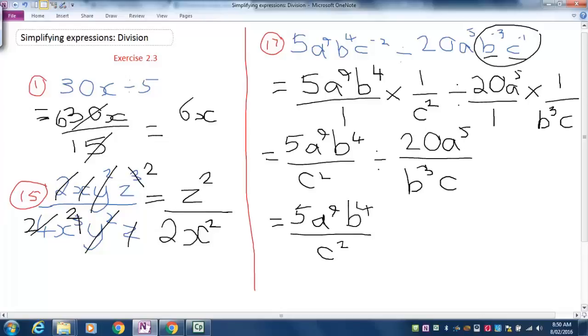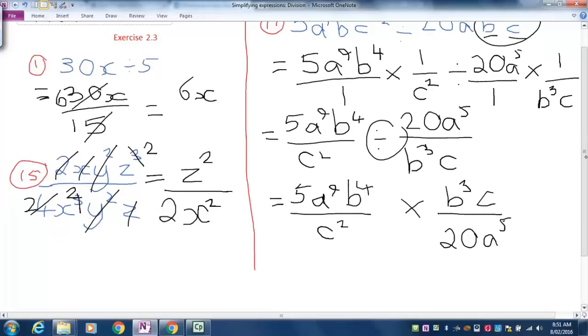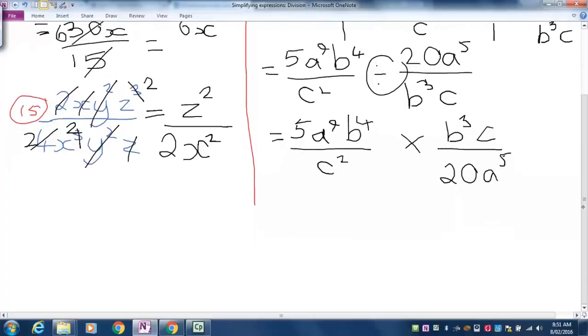We flip the second fraction, so it becomes b cubed times c all over 20 a to the 5. And when we flip or take the reciprocal of that second term, this divide becomes a times. So now it's just a matter of cancelling and tidying up some of our indexes.